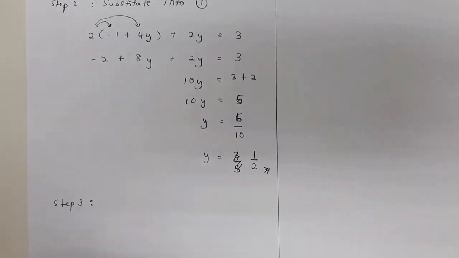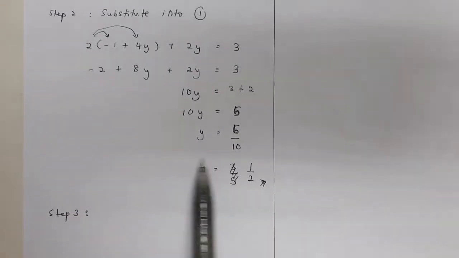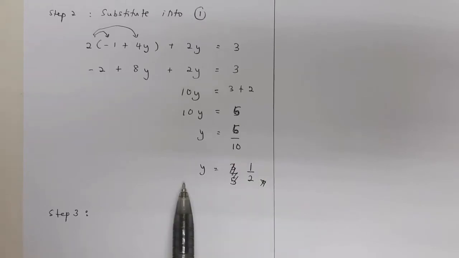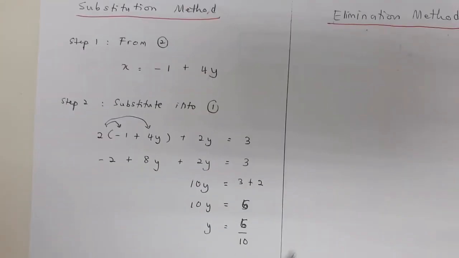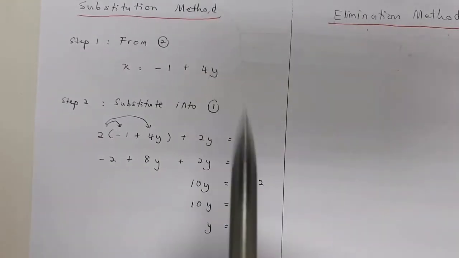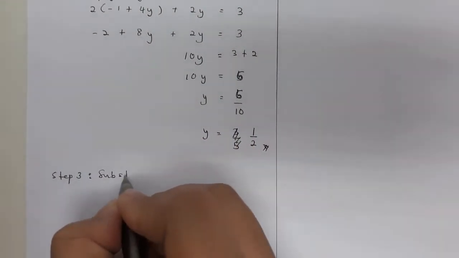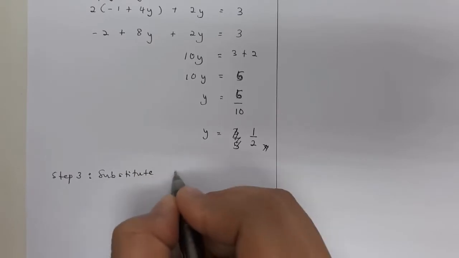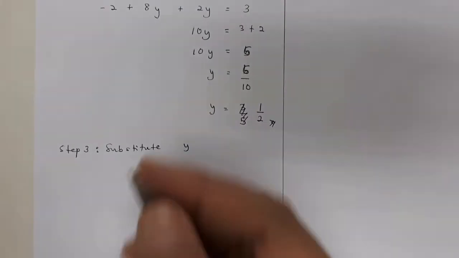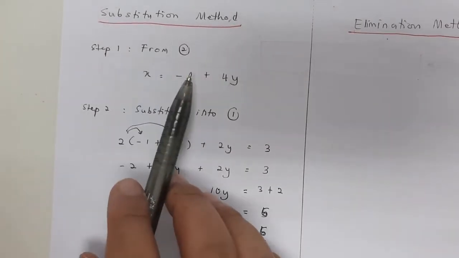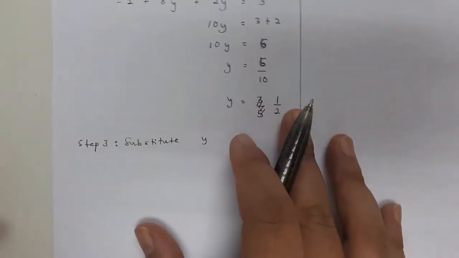For step number 3, we will take the answer from step number 2 and substitute into the equation from step number 1. So now we will substitute y. x equal negative 1 plus 4y.